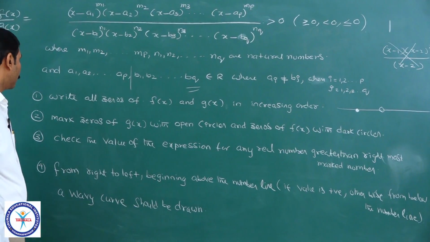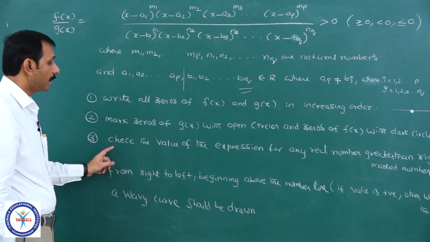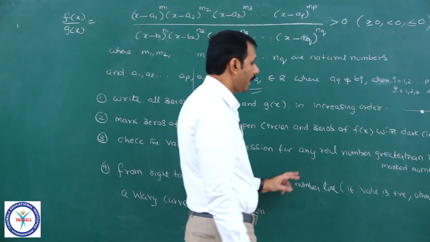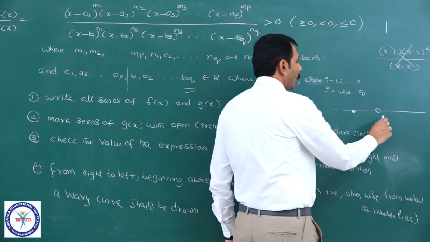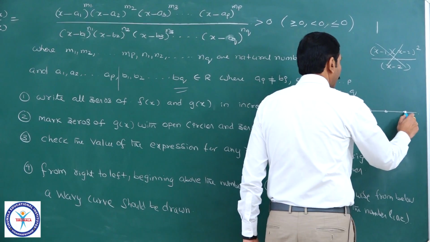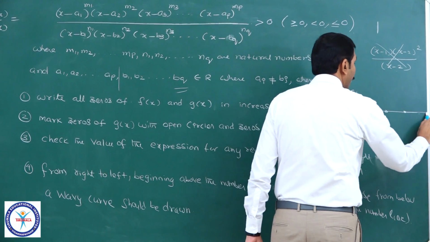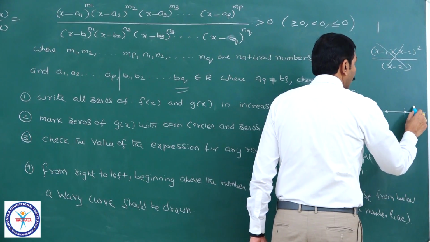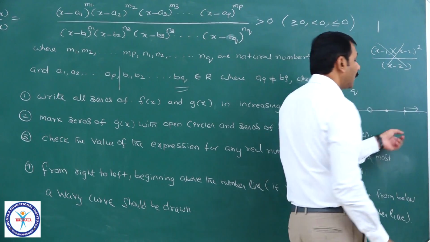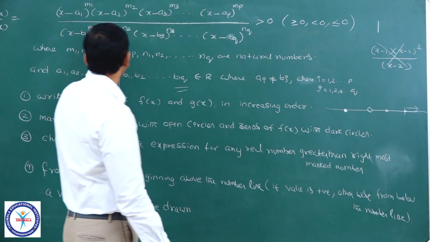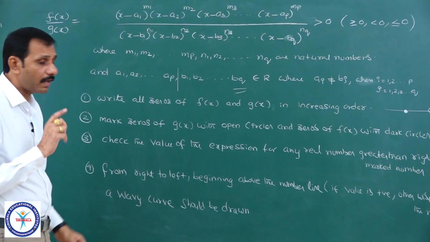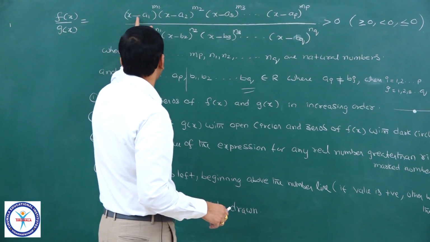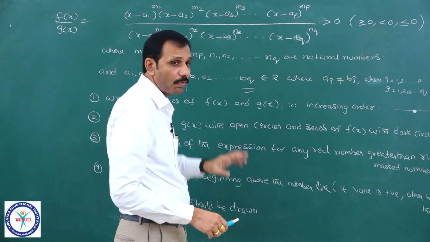And now the next point: check the value of the expression for any real number greater than the rightmost marked number. Suppose all these are the marked numbers; you take any value after the rightmost marked value and find the sign of the expression there. Usually we do the problems by taking the form x minus a1, x minus a2 and so on.